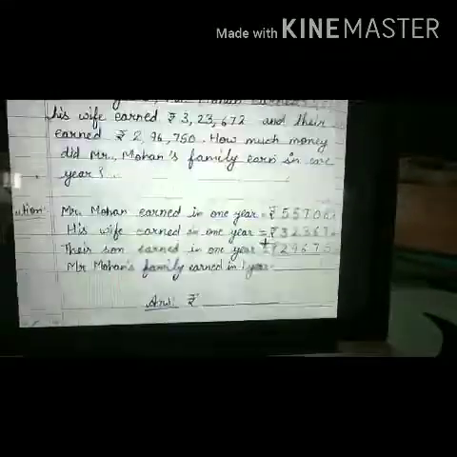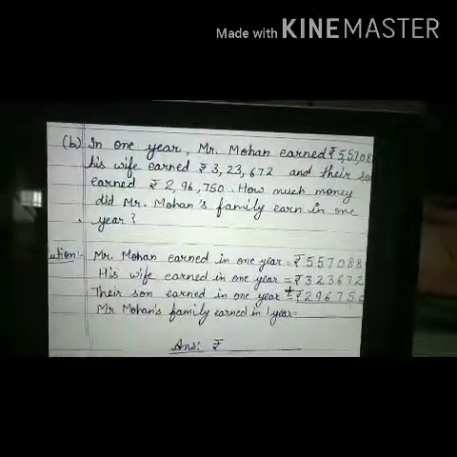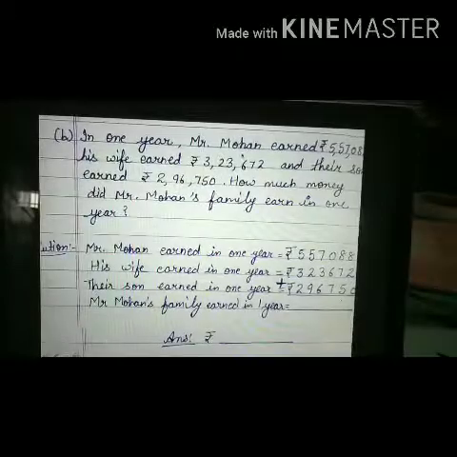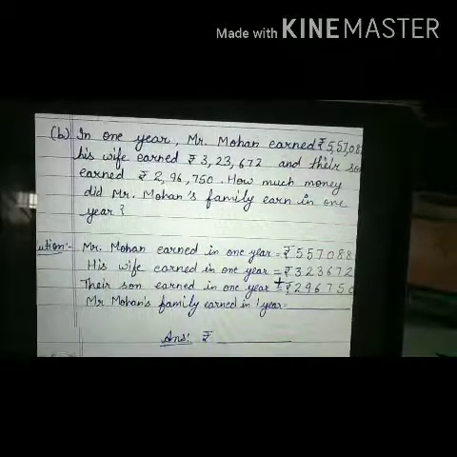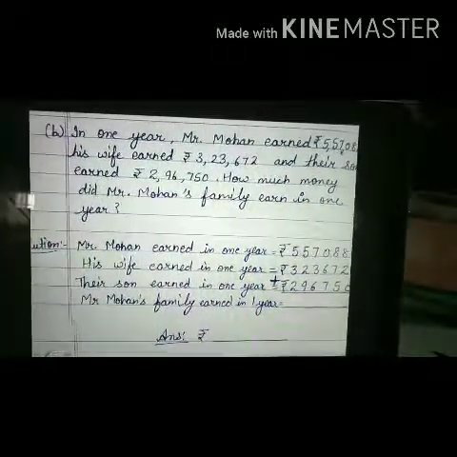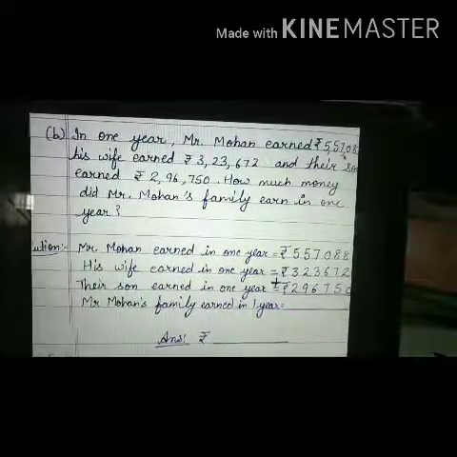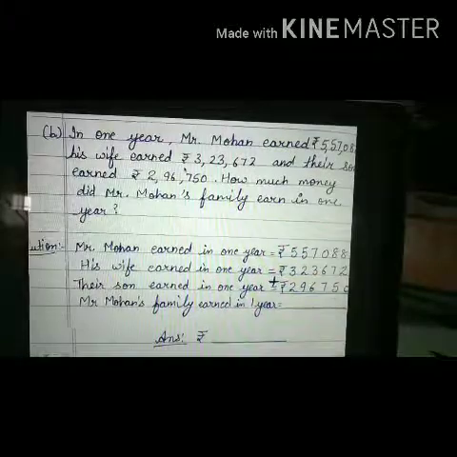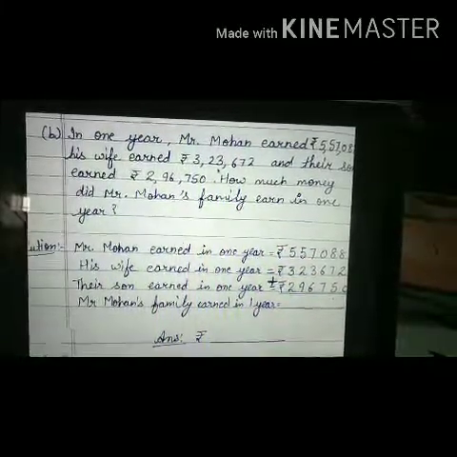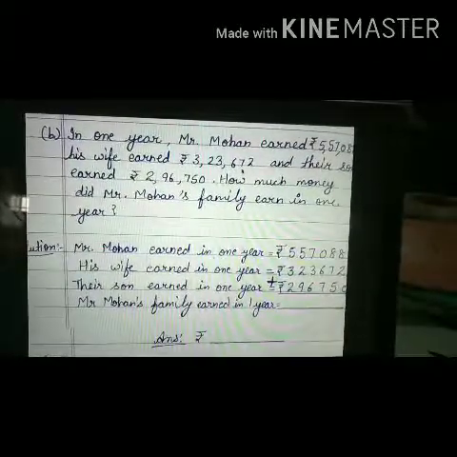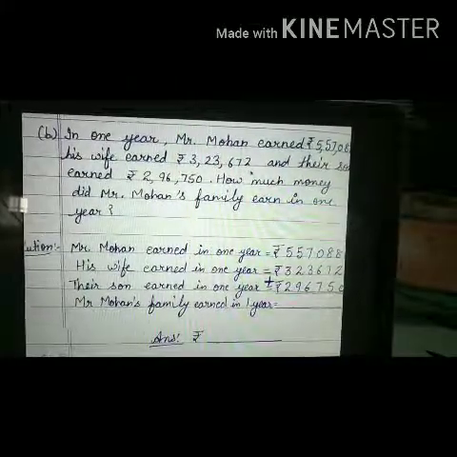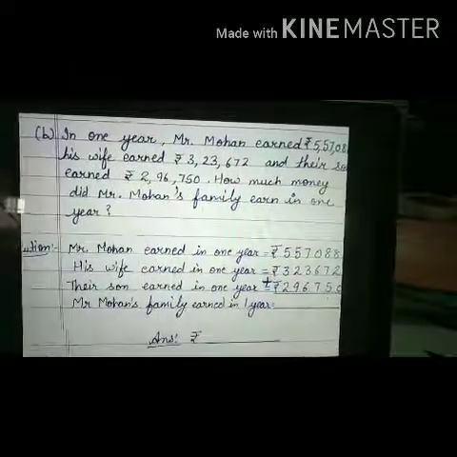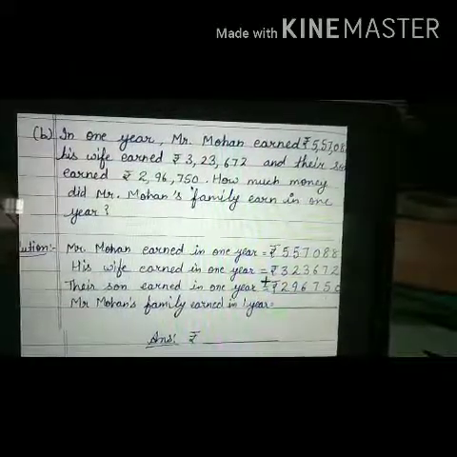Next word problem is: in 1 year, Mr. Mohan earned rupees 5,57,088 and his wife earned rupees 3,23,672 and their son earned rupees 2,96,750.